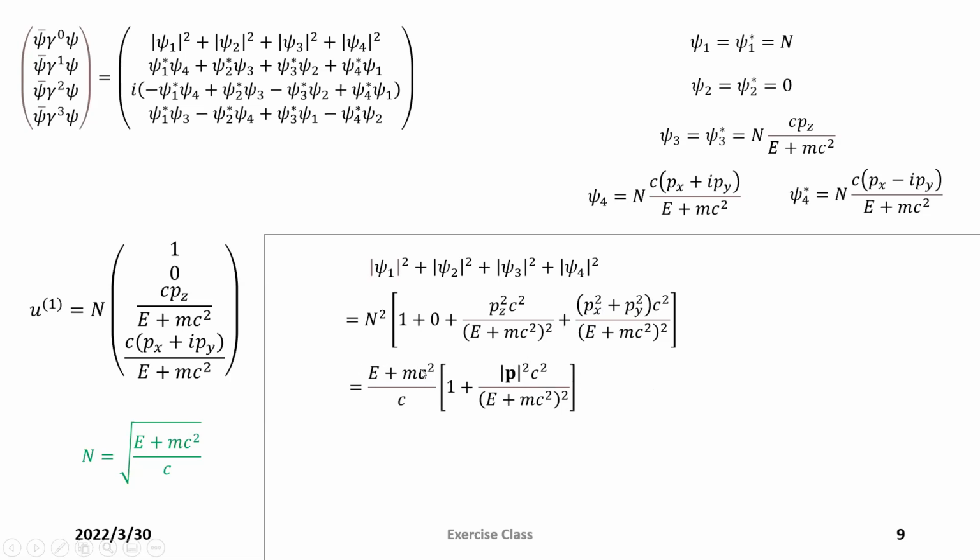And here I substitute the normalization factor. And then we can use the energy momentum relations. Then you can factorize this, and then you can cancel one factor here. And so the final answer will be 2E over c for the first component.